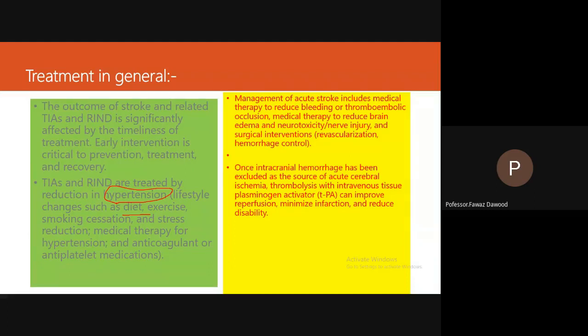While the management of an acute stroke attack is not like what I have mentioned before.